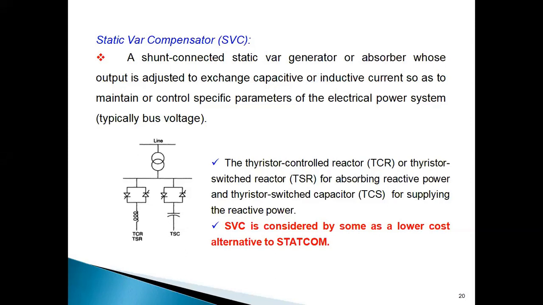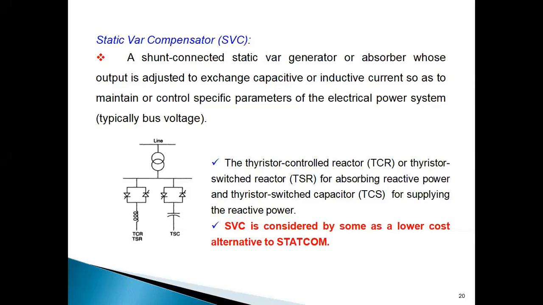So what is the difference between this TCR and TSR? The concept is very simple. In the case of TCR, the firing angle of the thyristor will be varied, and based on different modes of conduction, we can vary the firing angle and make the thyristor turn on and turn off. By controlling that, we can control the reactance of the transmission line.